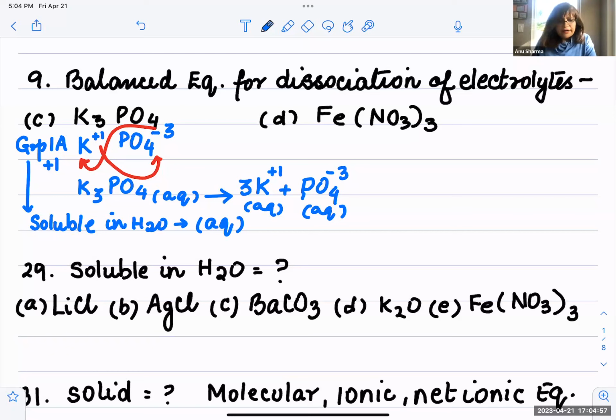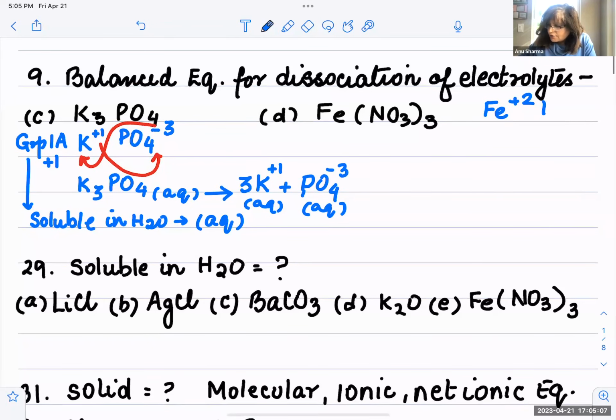Next question, iron nitrate. Here, iron exists as +2, and iron also has a +3 state. So how do we know when iron is in the +3 state? Remember, it's the crisscross. Nitrate is always a -1 charge.